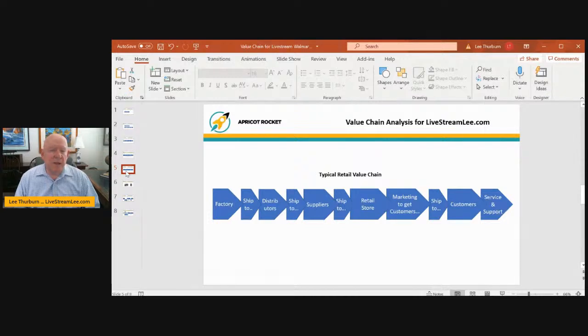That's important. And that's a large part of what's involved in value chain analysis and the reasons we do it. But there's also effectiveness. And effectiveness basically means doing the right job, not doing the job right. Efficiency is doing the job right. Effectiveness is doing the right job.